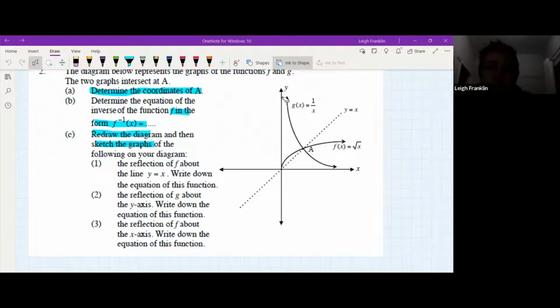All right, let me give you a helping hand with that because I don't want you to be stuck on this forever. In A, you're absolutely right. You would have said 1 over x, the hyperbola, is equal to root x. What do you think you'd then need to do to both sides?